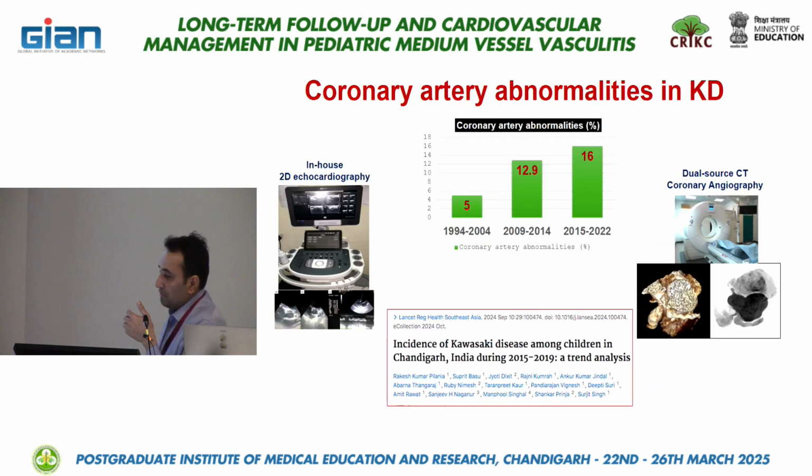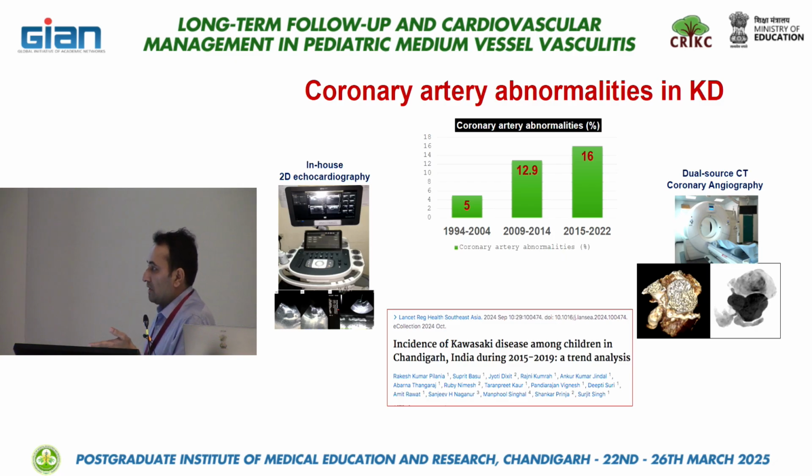Over the years we have seen that the prevalence of coronary artery abnormalities has increased in our cohort. In 1994 to 2004 it was around 5%, but it has risen to around 16%, and there are several reasons for that.